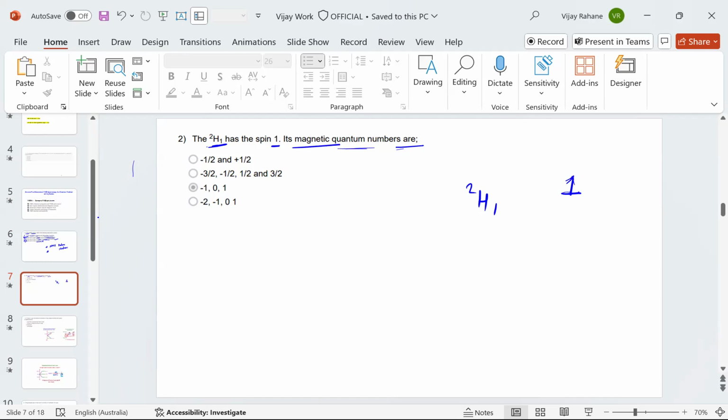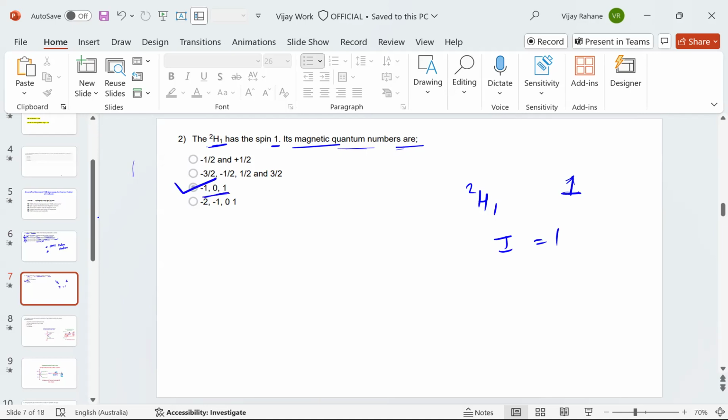So what are the magnetic quantum numbers if I is equal to 1? Which answer is correct here? -1, 0, 1. Right, the -1, 0, 1 option is correct.